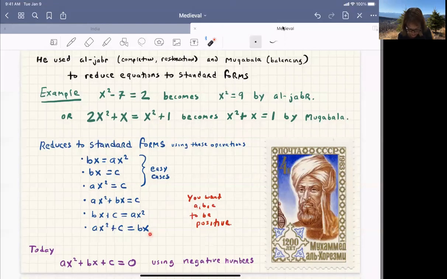Or the x could be by itself and the square and the constant are on the left-hand side. Now, there's one that's missing, and that is ax squared plus bx plus c is equal to 0, which today we find to be just fine because we can solve that using negative numbers.